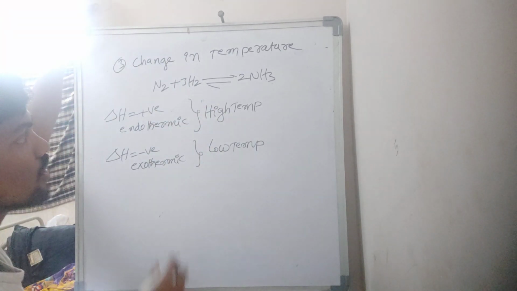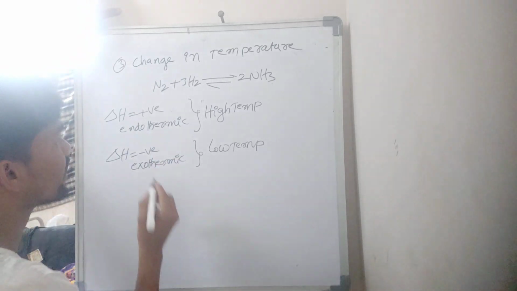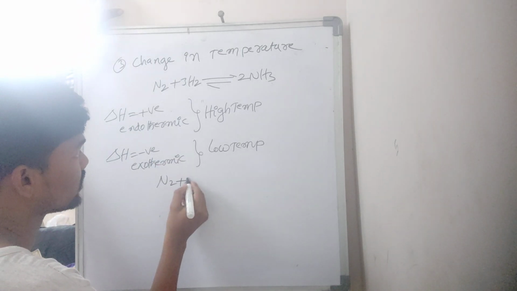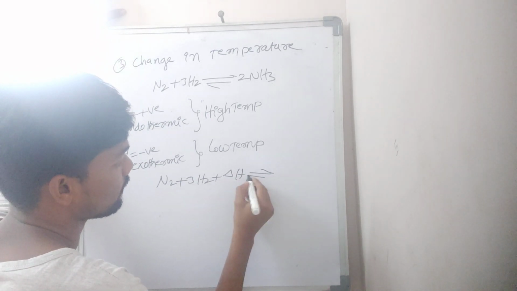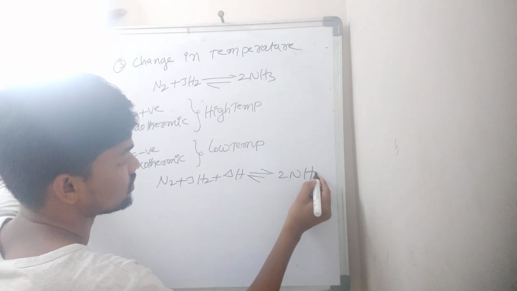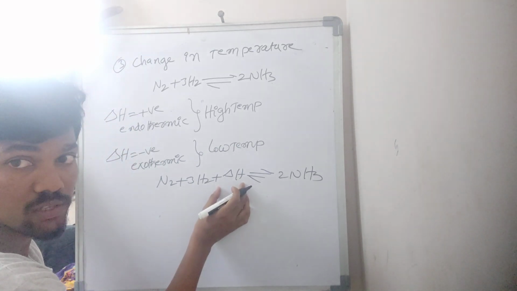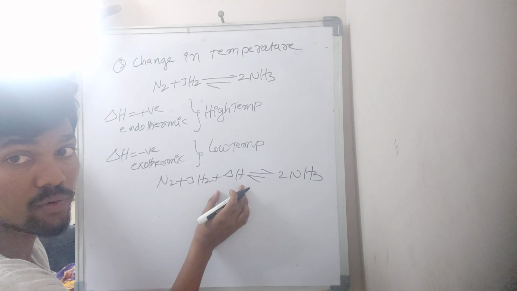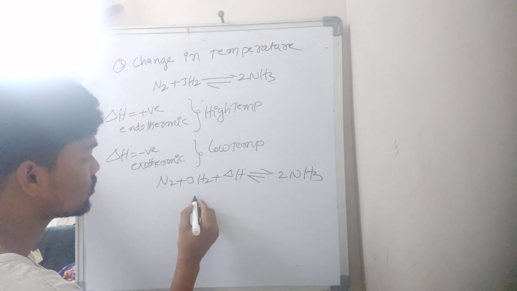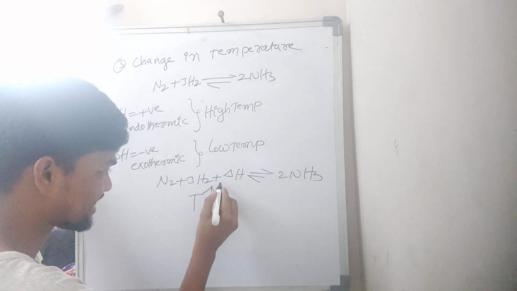Suppose I add delta H towards the reactants, like this, 2NH3. Delta H is positive here, and adding it means an endothermic reaction, so we have to use high temperature. So the temperature is increasing.